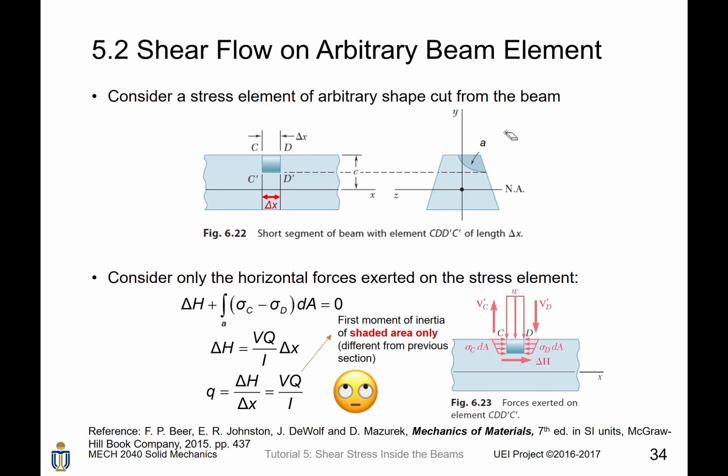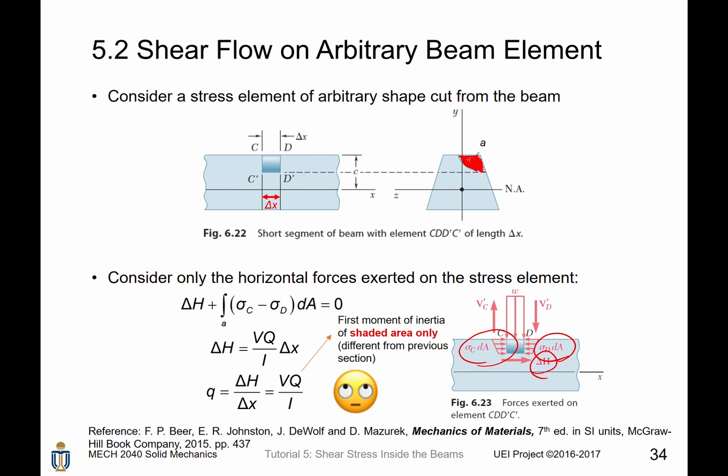It is not like this, okay? We are not accounting for all the area above the level of y. Instead, we try to account for some region above the level of y, and we observe the horizontal shear force, the two direct stresses on the left hand side and the right hand side, and the force equilibrium.